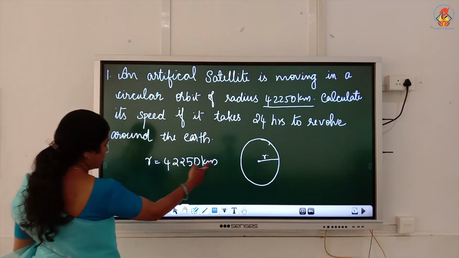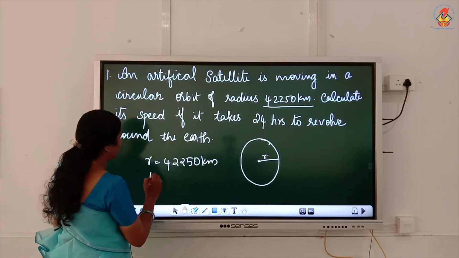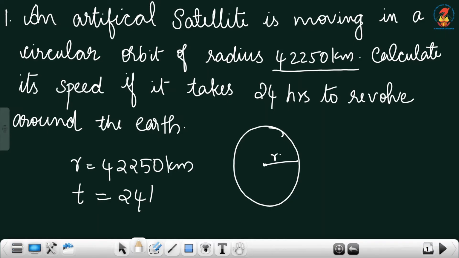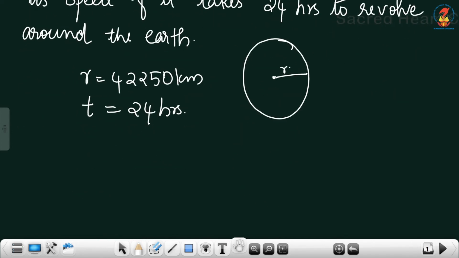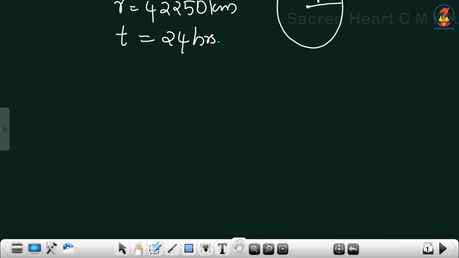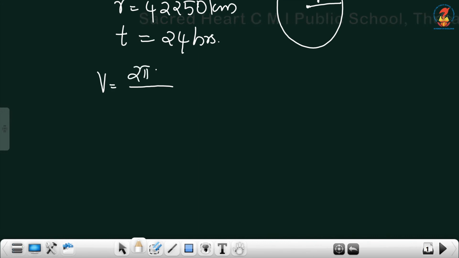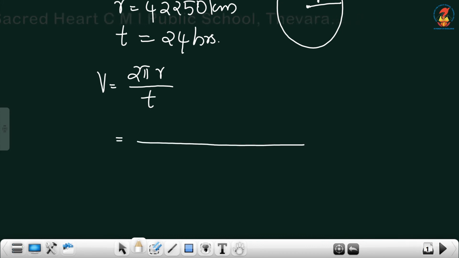The radius is this much, time is 24 hours. Now, write the equation, that is V equal to 2 pi r by t.